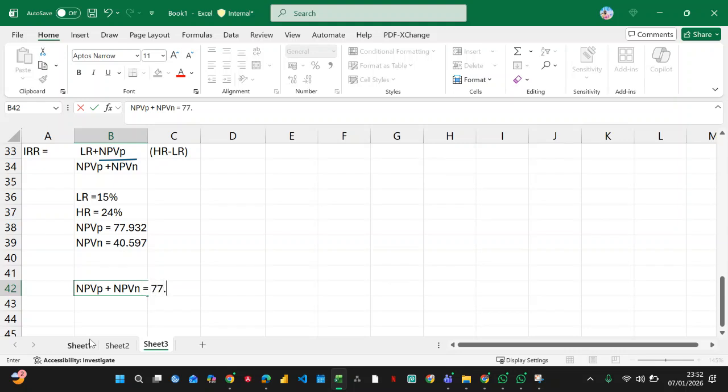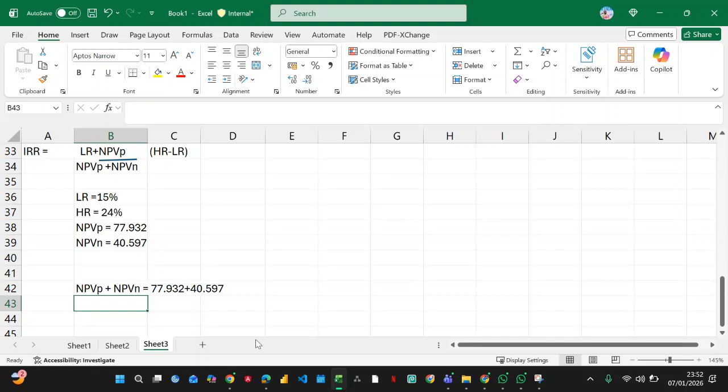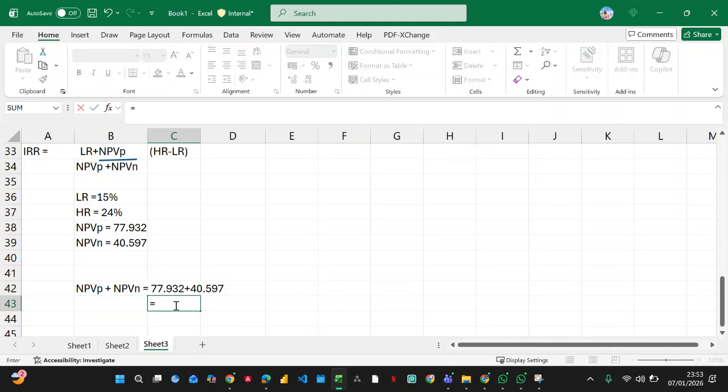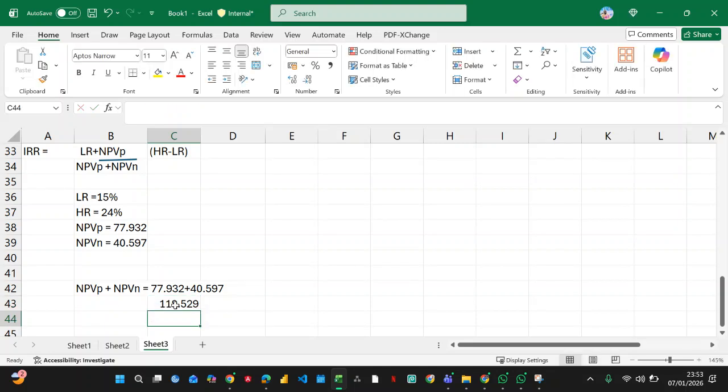Okay, so let's just do this. Let's start from this one that looks more common. So we now do NPV of this plus NPV of this, so it is going to be equal to 77.932 plus 40.5997.